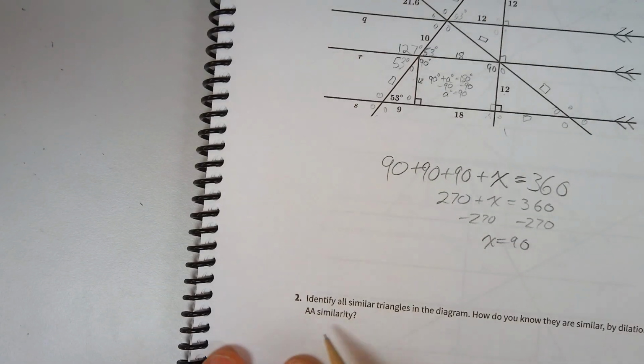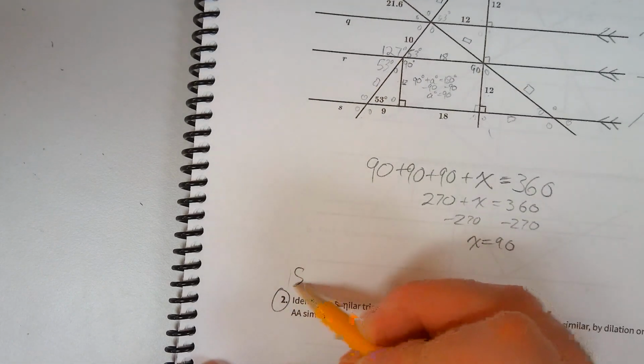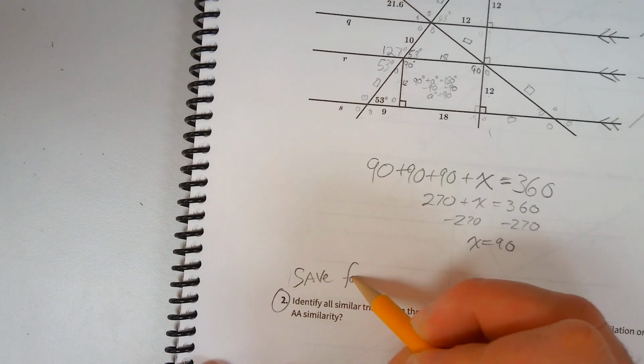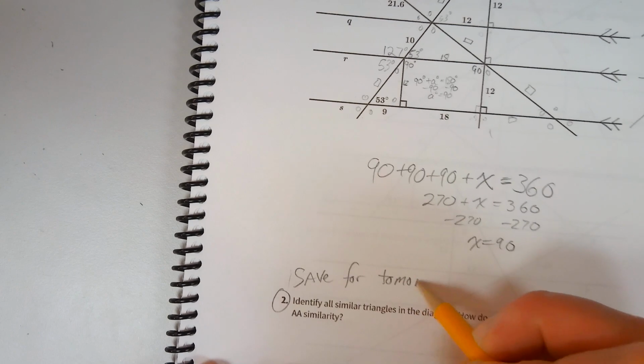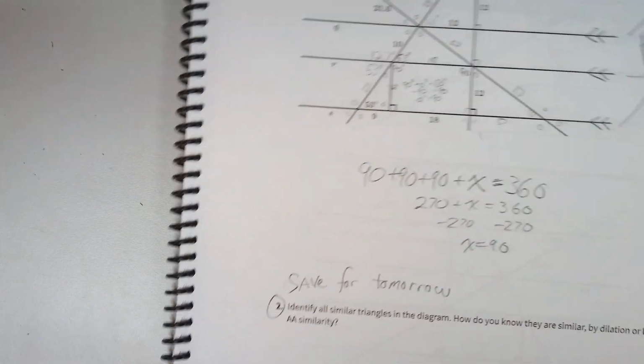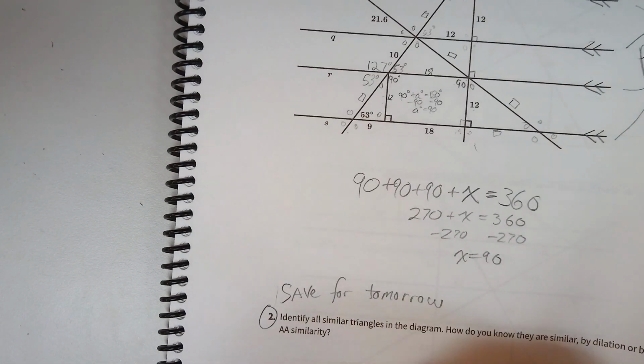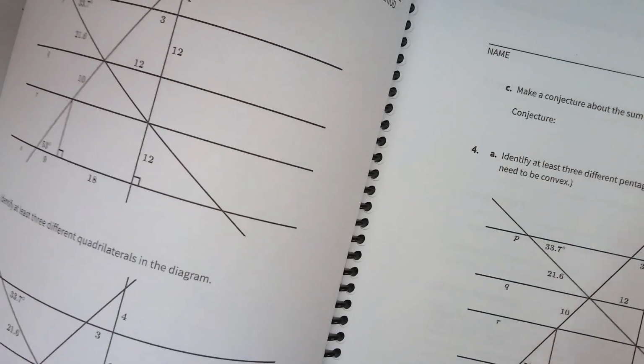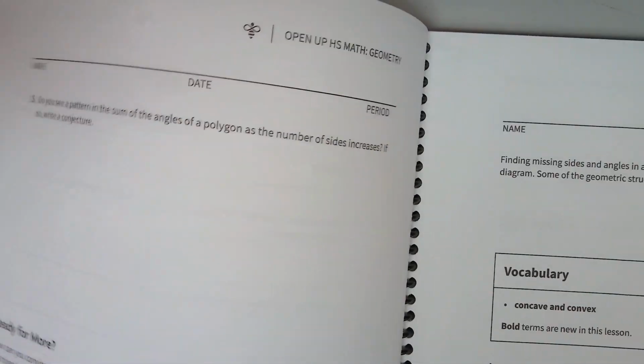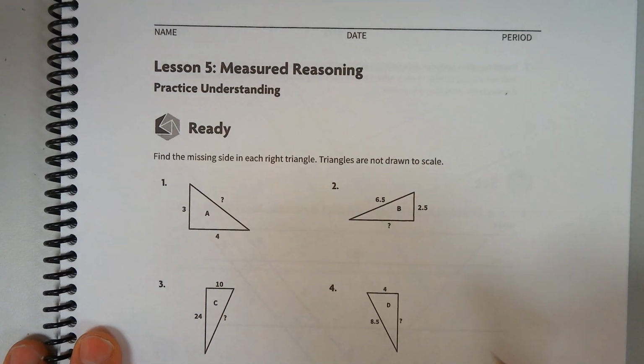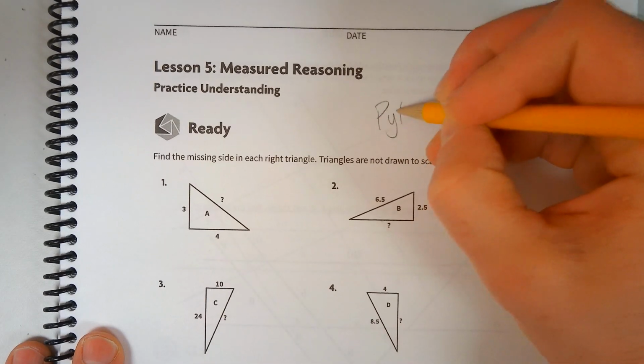We're actually gonna save that for tomorrow. And we're gonna do something a little bit different. We're gonna skip ahead into the homework, and we're gonna say you can do these. Use Pythagoras.